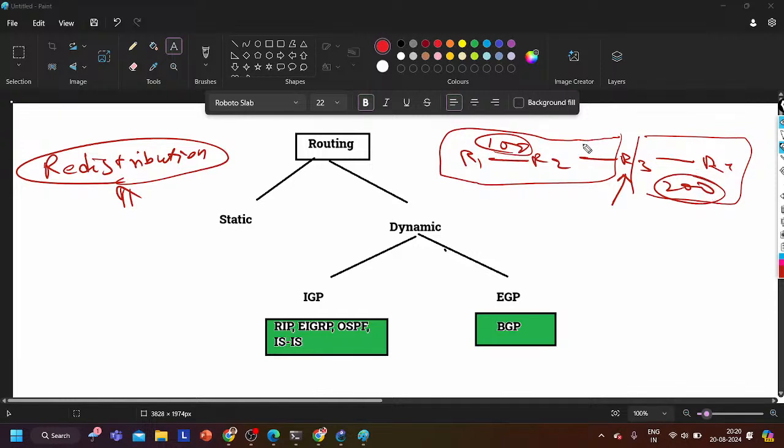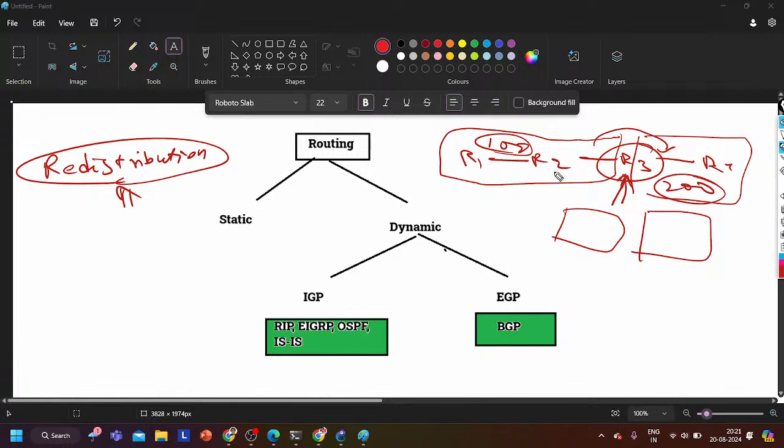When you redistribute AS 100 into 200, it will inject all the routes of 100 into the 200 process, and in the same way, 200 routes into the AS 100 process. So the routing table of R3 will increase. And guys, how many commands do you need to run on router 3 to redistribute?